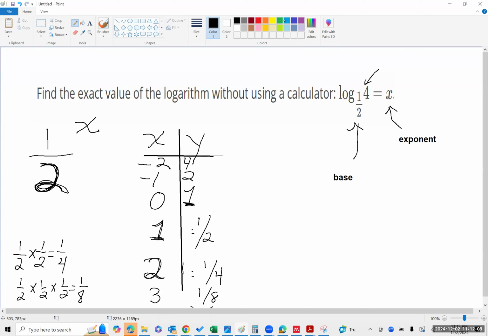So you should be able to see our answer now because these go together. And x is -2.